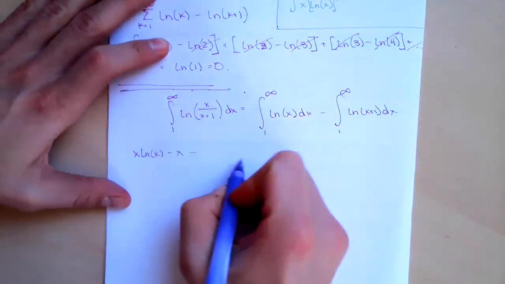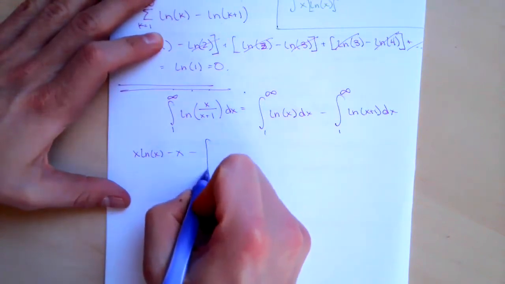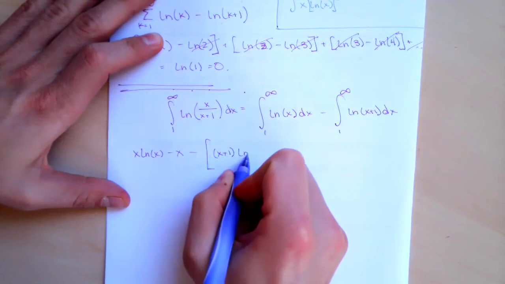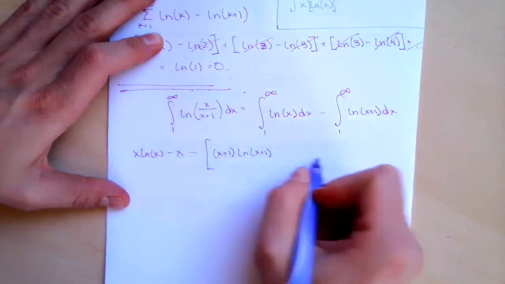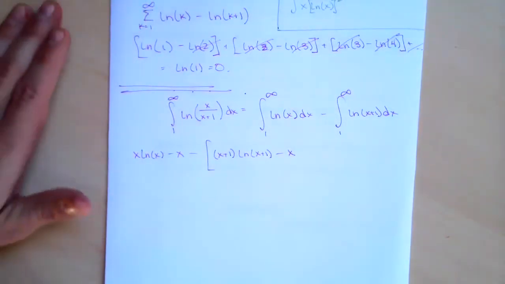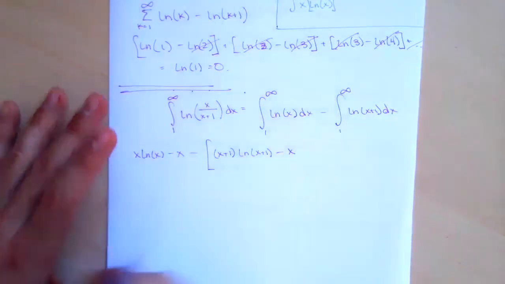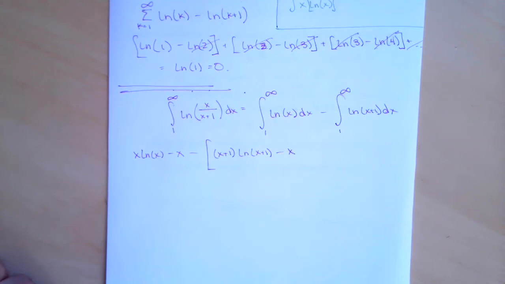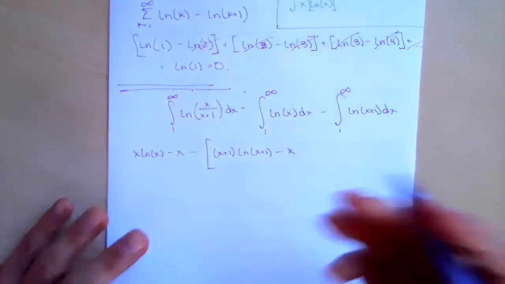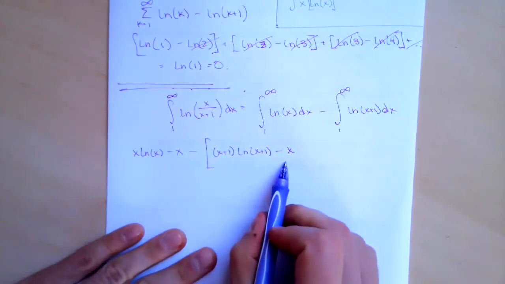Minus this one, because there's an x plus 1, you'll have x plus 1 times natural log of x plus 1 minus, and I'm just going to keep it as minus x. You could write it as minus the quantity x plus 1 if you wanted to, but that plus 1 is just a constant, so it's not going to change anything.